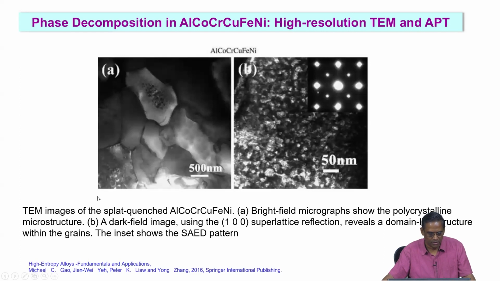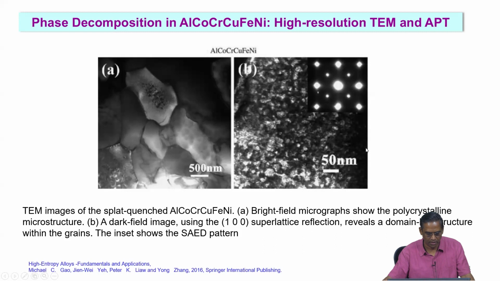So, these are TEM images of this splat quenched single phase alloy, and this bright field image shows a polycrystalline microstructure. Again I am telling you, this bright and dark contrast is because of the diffraction contrast, right, and a dark field image using the 100 superlattice reflection reveals domain like structures within the grains.